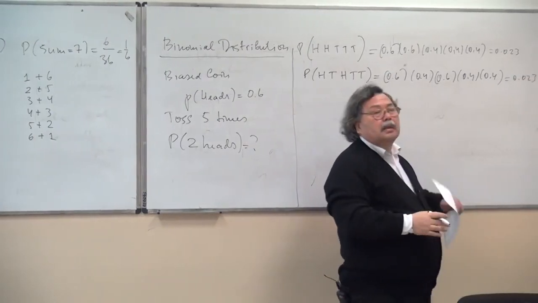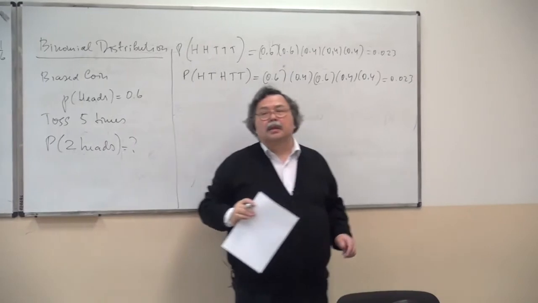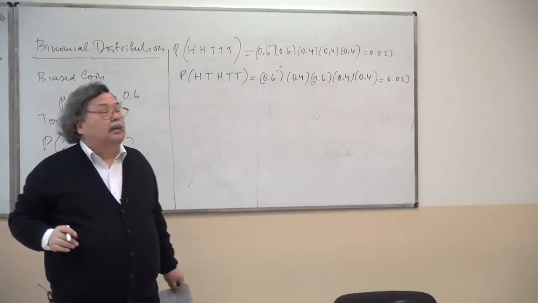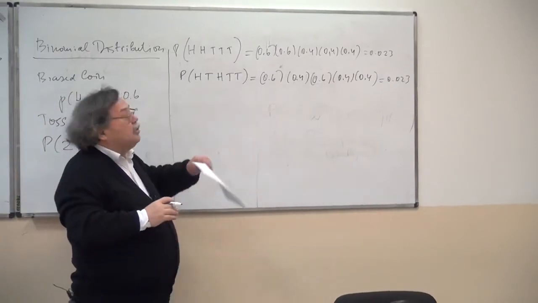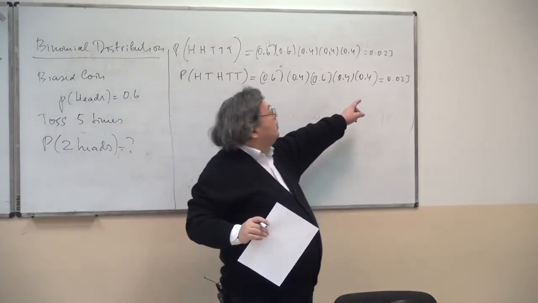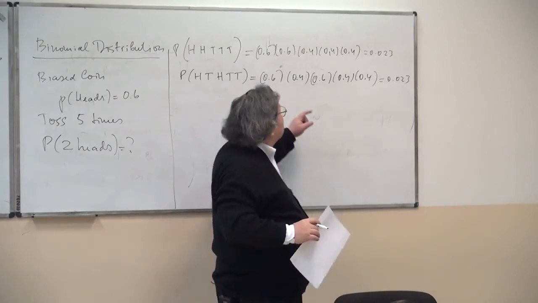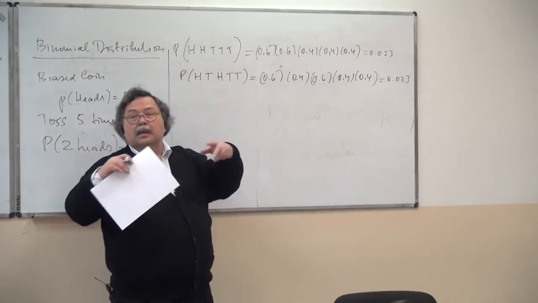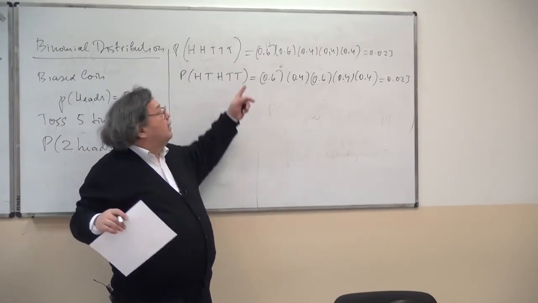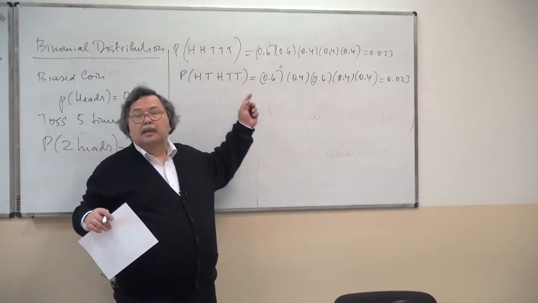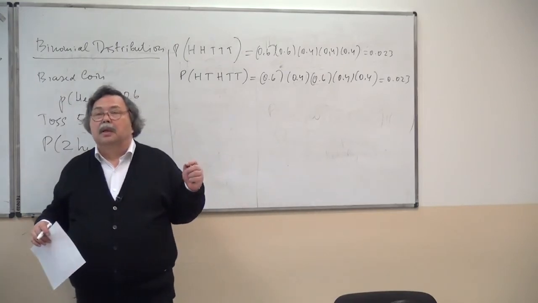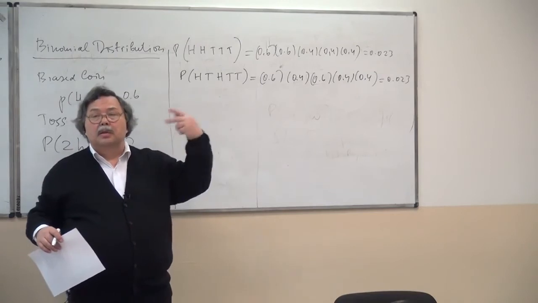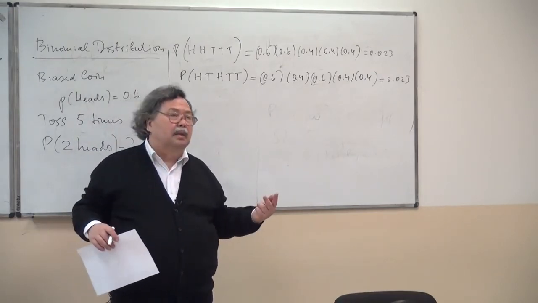Well, is it an accident that the 2 answers are the same? Well, if you look at these formulas, you will notice that we should expect that the answer be the same, because the arrangement of T's and H's in this sequence and in this sequence are not the same. But in each of these 2 sequences, H appears twice and T appears 3 times.